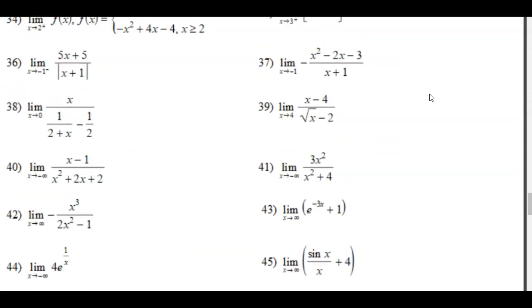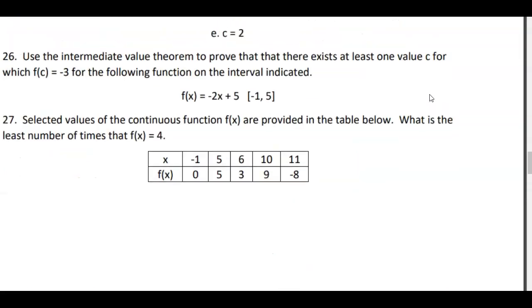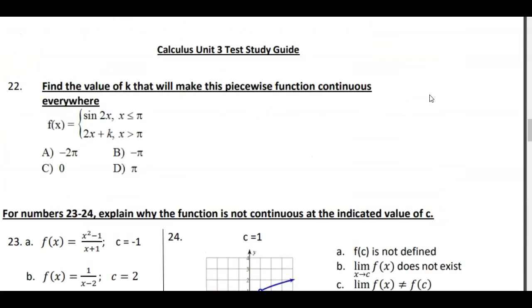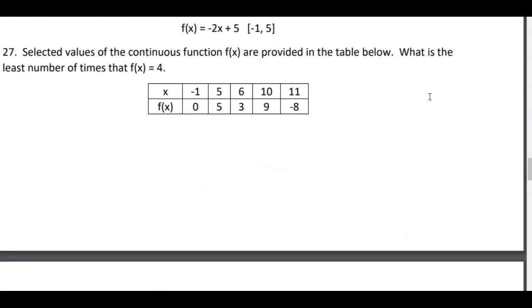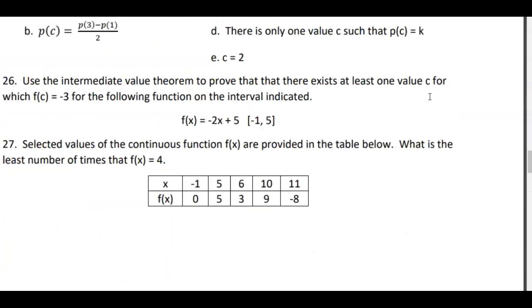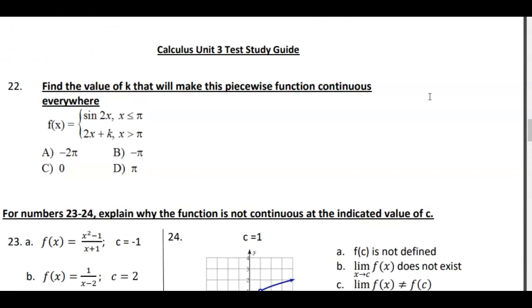On those questions, we're talking about finding limits of equations. But for 22 up to 27, it's a mixture of different things that we've learned that I do want you to know how to do. So we'll call this the hodgepodge section. We talked about tables, we've talked about graphs, now we have a hodgepodge section of just random things.